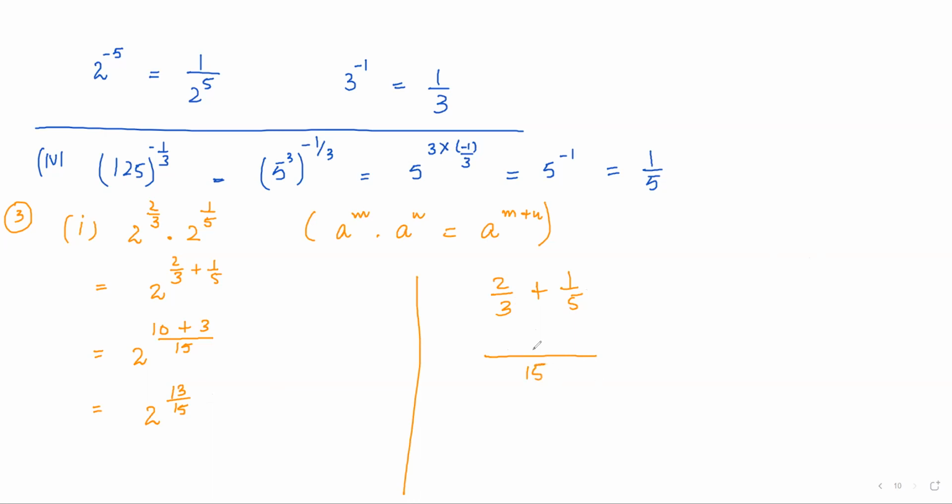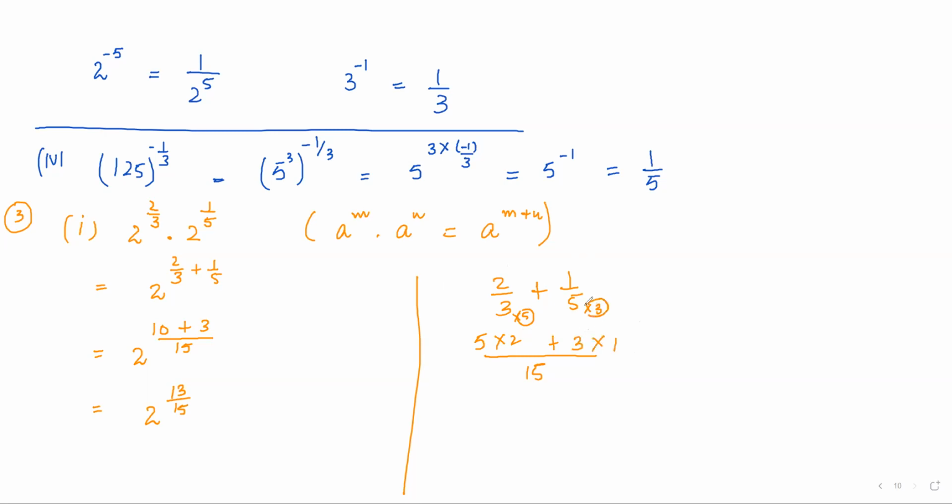Now we see how many times 3 goes into 15. You don't have to write it, but in your mind you know that 3 into 5 is 15, right? So this 5 is multiplied with the numerator, so the numerator is 5 into 2. Plus, now in the table of 5, this is 3 times, so this 3 will be multiplied with the numerator, 3 into 1.